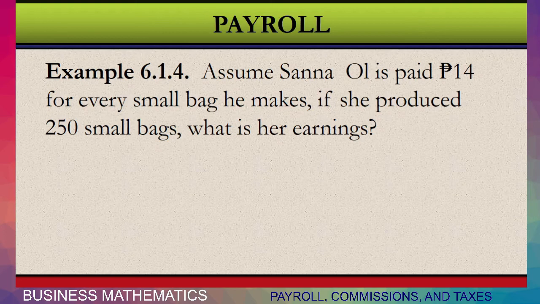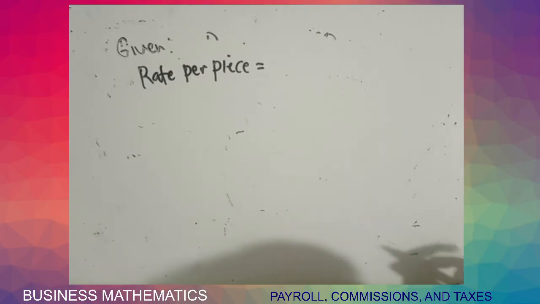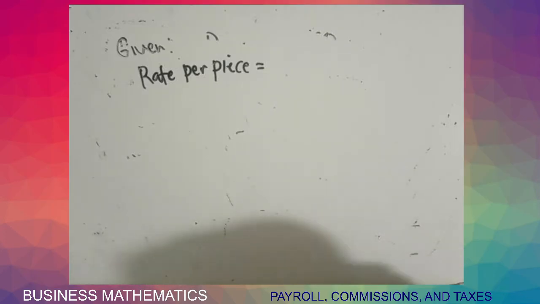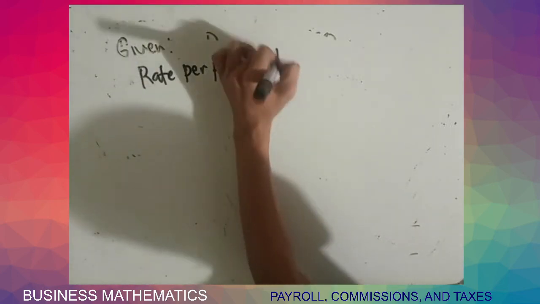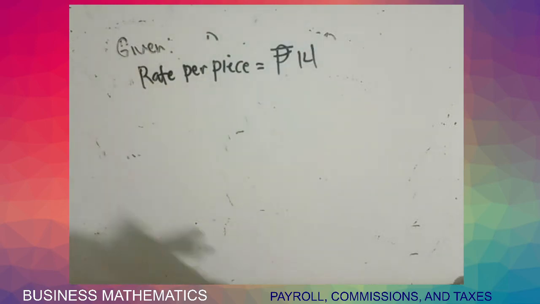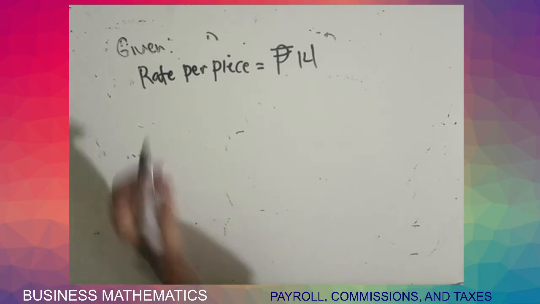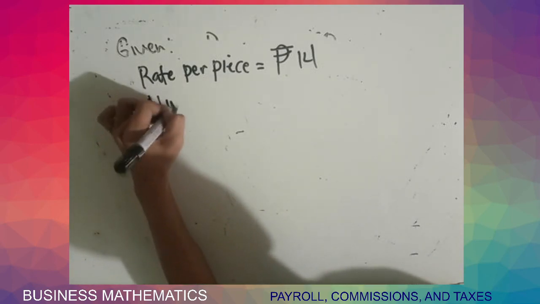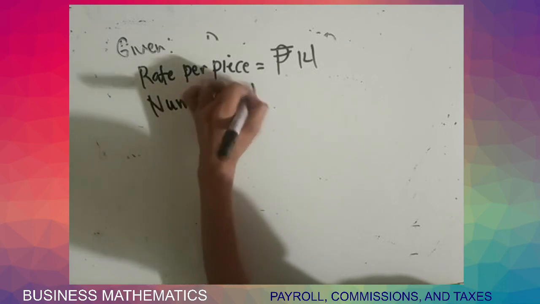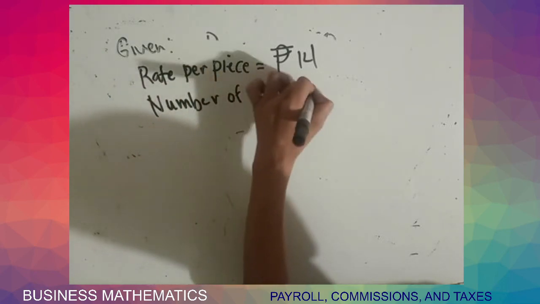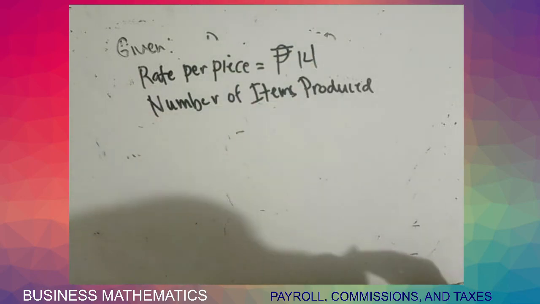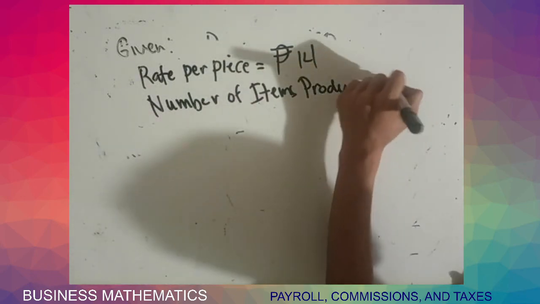Okay? So, pakita natin yung solution niya and the given also. Based dun sa example natin, yung ating given ay rate per piece is equals to 14 pesos. Okay, 14 pesos yung rate niya kapag nakapag-produce siya ng isang bag. Then, yung kanyang na-produce na items or number of items produced ay 250 pieces.